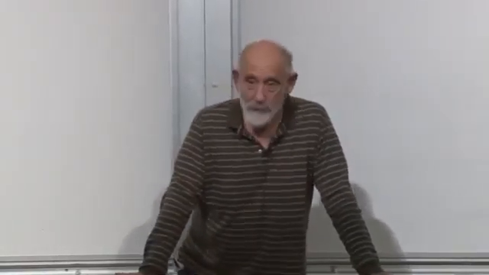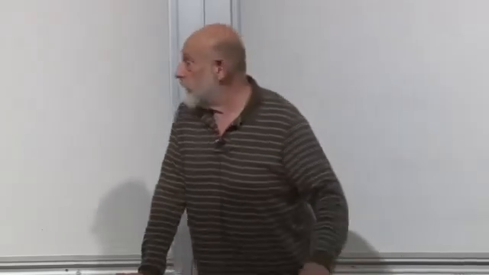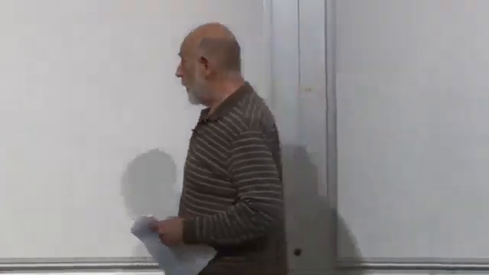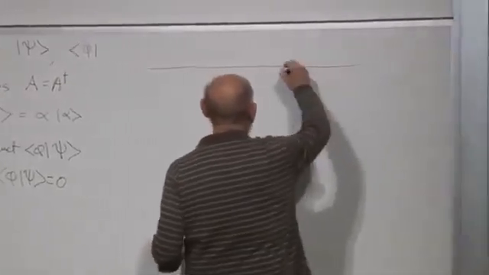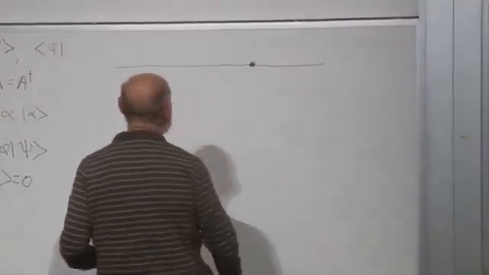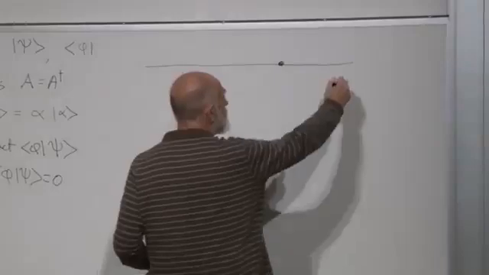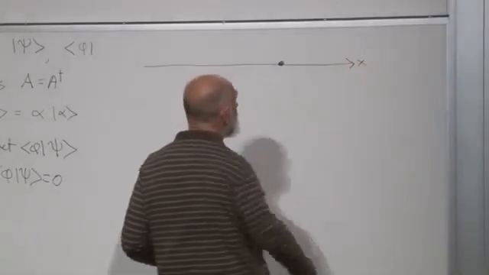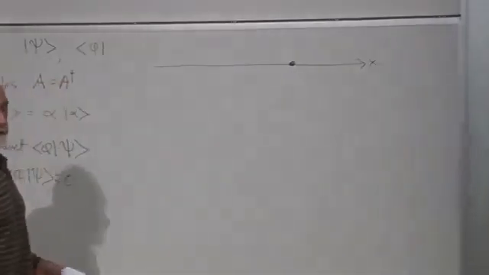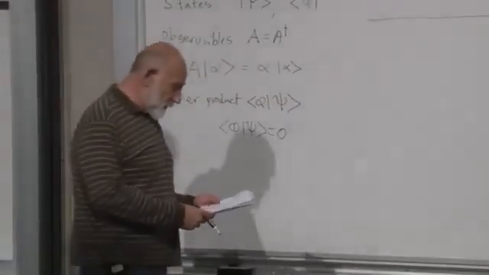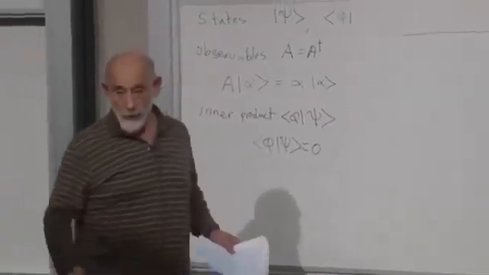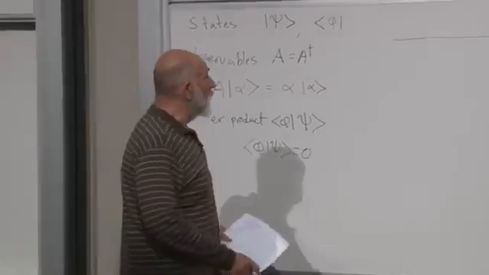Okay. Now, when it comes to particles, the most important observable is the position of a particle. And so let's just discuss particles moving on a line. The line is the x-axis. The location of the particle is just a value of x, and obviously x should be thought of as an observable. Okay.